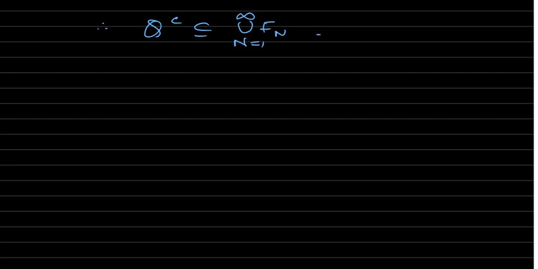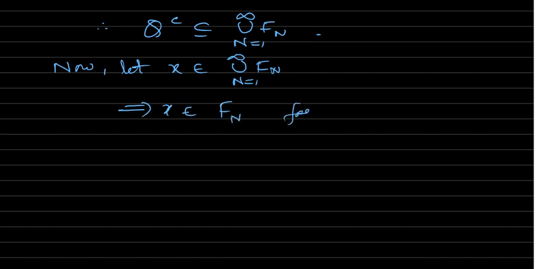Okay, now we prove the reverse inclusion. Now let's take any point x in the union Fn, n runs from 1 to infinity. So this means x belongs to some Fn for some n. Okay, if x is in Fn, what's Fn?